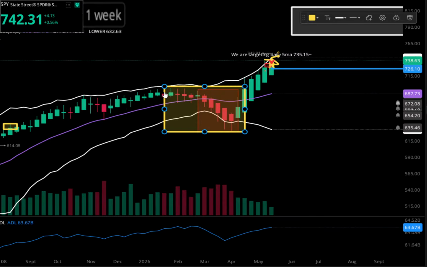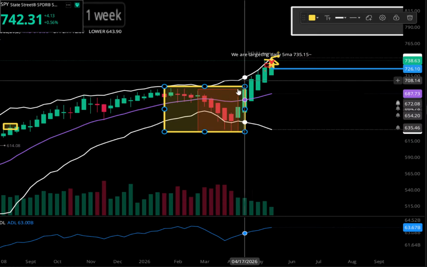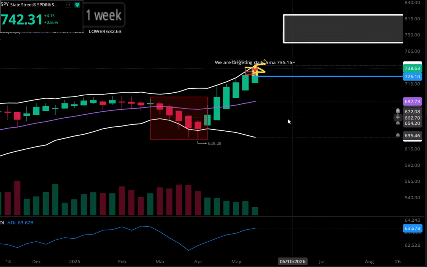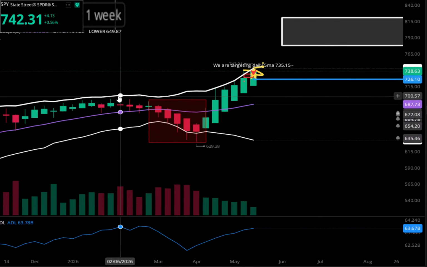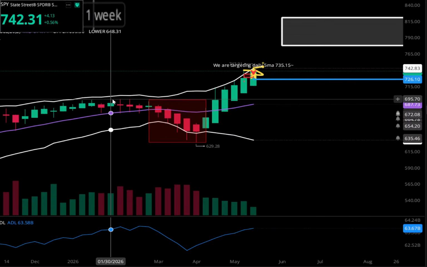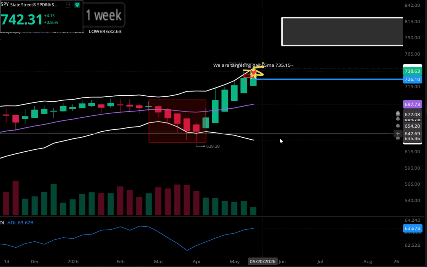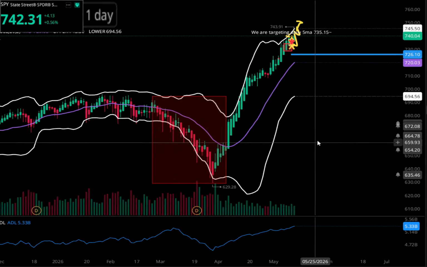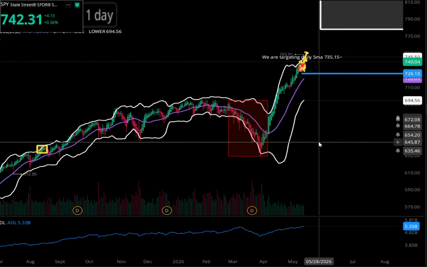So what's that telling us? Market's going to become super bullish. And so far, from that invalidation of the very top there, which was at basically 700, we're now a whole $44 above that. So hopefully that makes sense.